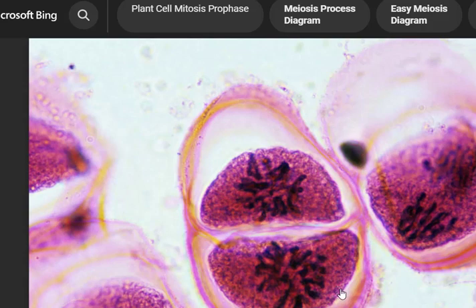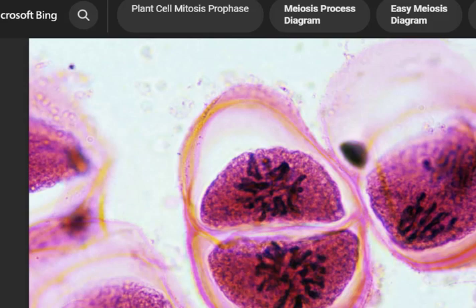Here's a really nice picture of telophase. You can see that it's trying to turn into two cells. And you can see the cell membrane trying to come in here and separate these out. So it's trying to do cytokinesis. But at this point in time, this is telophase. And the way I can tell it's telophase is there's the chromosomes right there, but there is no nuclear envelope, and it's a set.